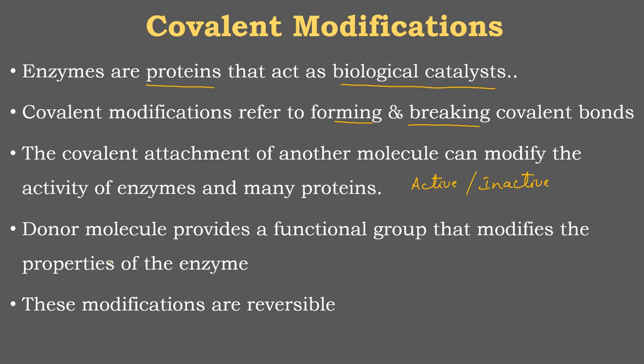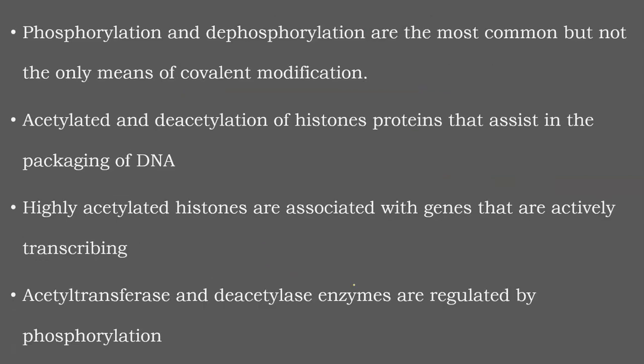The donor molecule provides a functional group that modifies the properties of the enzyme. These modifications are usually reversible in nature. If we see examples of covalent modification, the most common ones are phosphorylation and dephosphorylation.